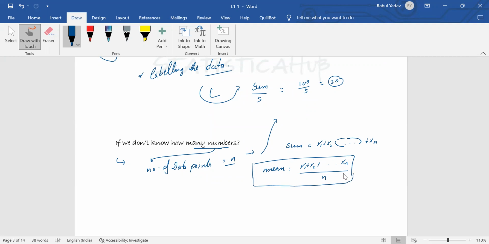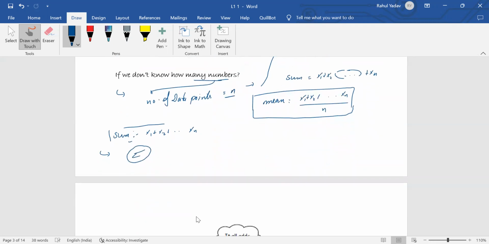Now let's come to something different. We have defined the summation term, where the sum comes out to be x1 plus x2 plus dot dot dot xn. This is a different kind of format. In mathematics, we have something defined as summation, which is a shorthand form for writing the sum term.